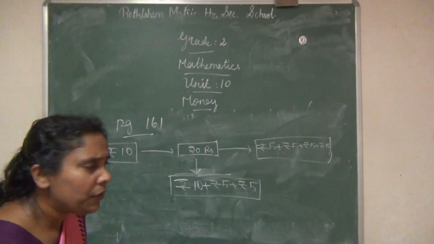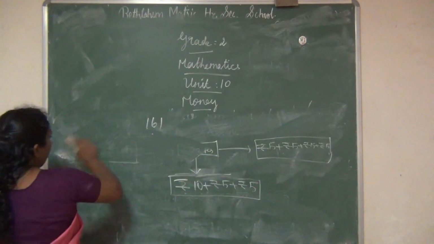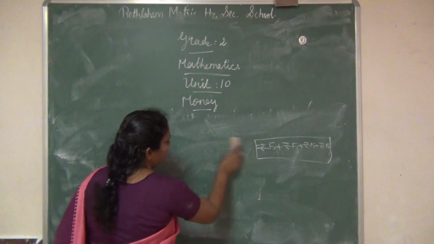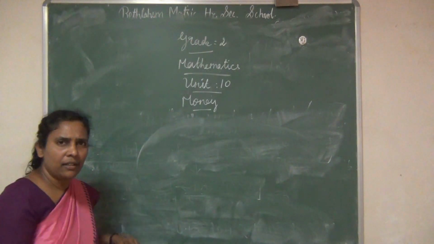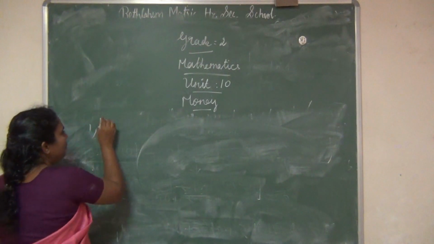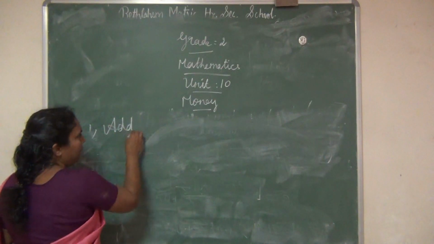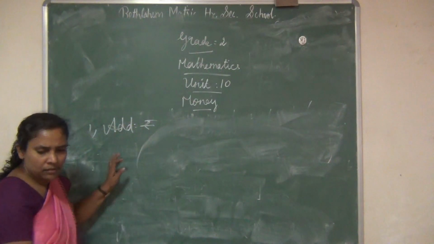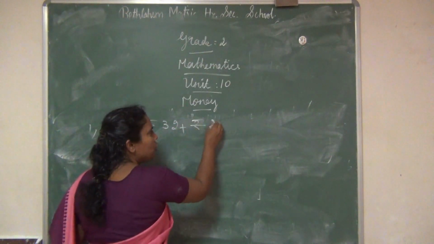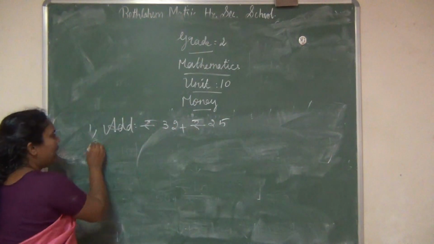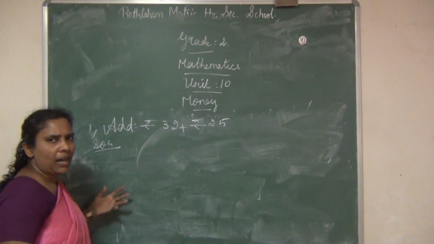Okay, now listen, next one. Add the following. Do you know to add? Listen to the first one. Add rupees 32 plus rupees 25. Do you know to add this? Already you studied.